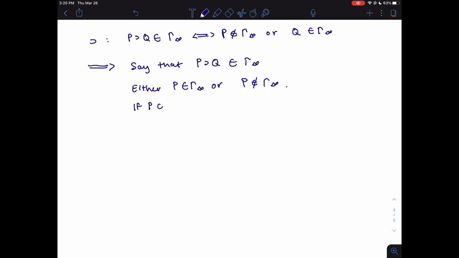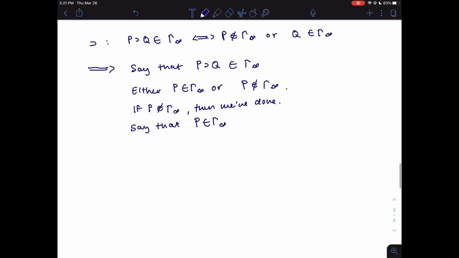If P is not a member of gamma infinity, then we're done. Okay, so one side of the disjunction is fulfilled. So let's say that P is a member of gamma infinity. Okay, and now we want to show that Q is a member of gamma infinity too.